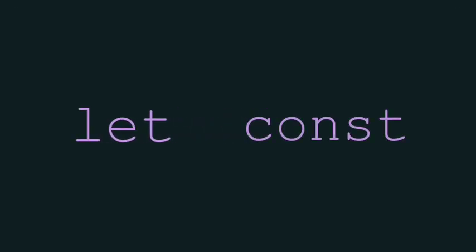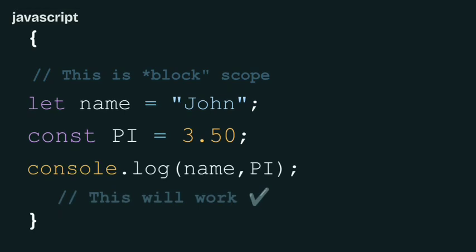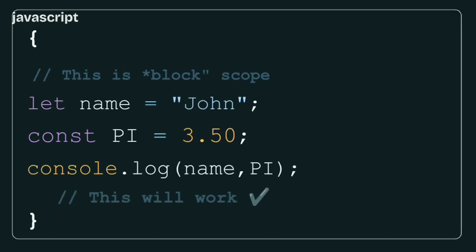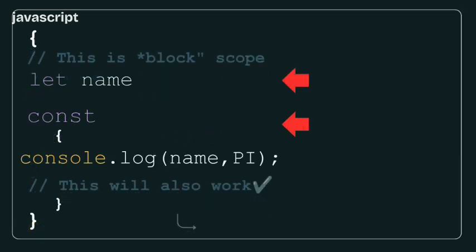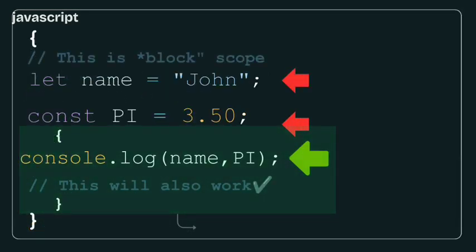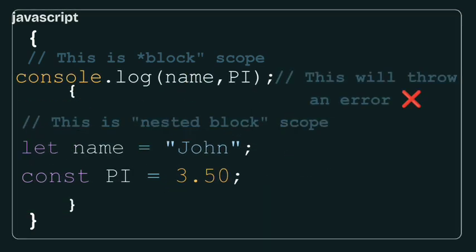When we declare a variable using let and const keywords and put it inside curly braces, then that variable can only be accessed inside those curly braces. If we try to access it outside those curly braces, then JavaScript will throw an error. And in JavaScript, you can also access variables which are in an outer block from an inner block. This is called lexical scoping, but vice versa is not true.